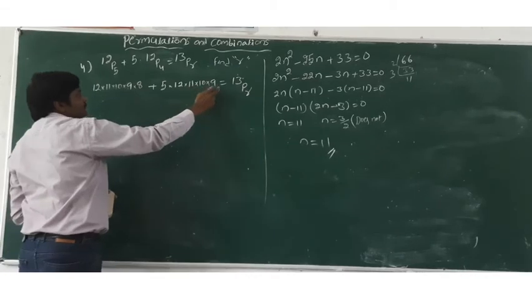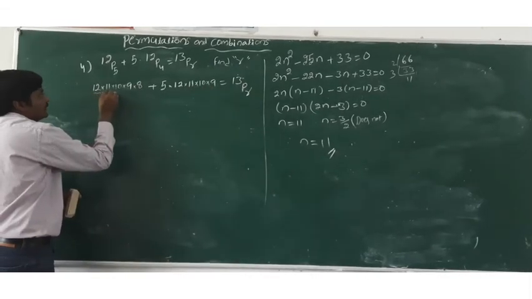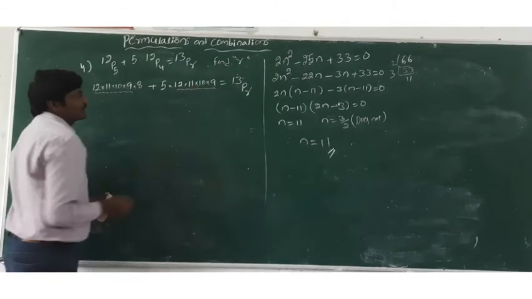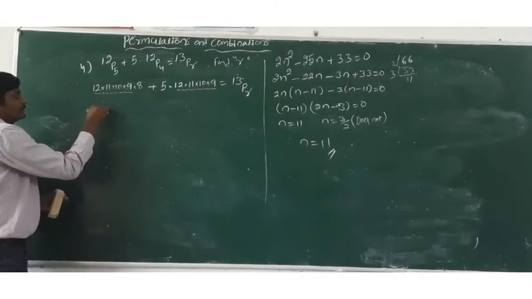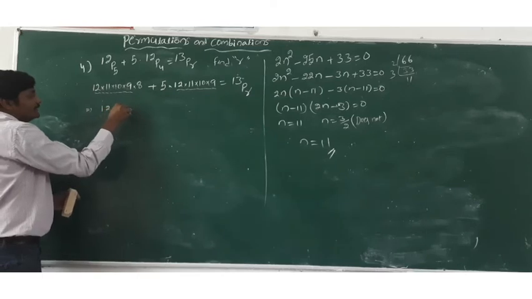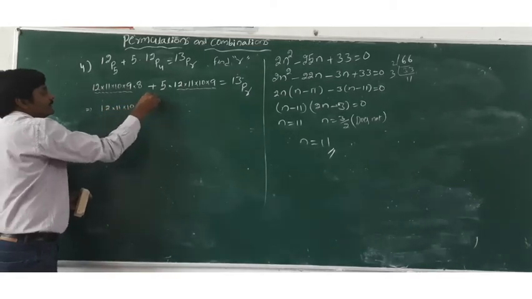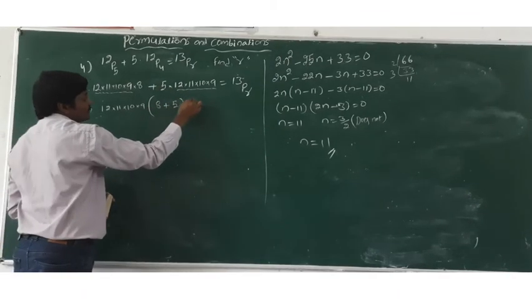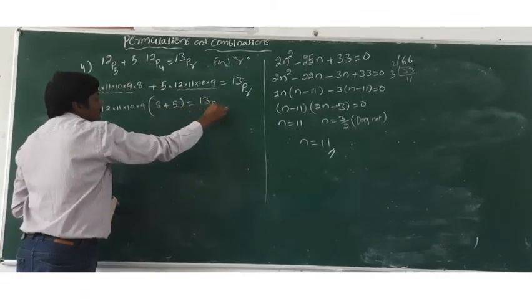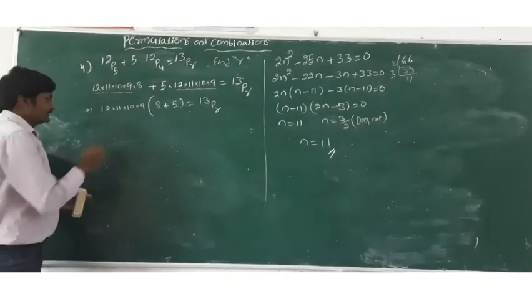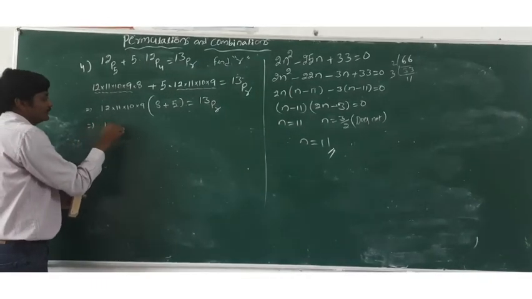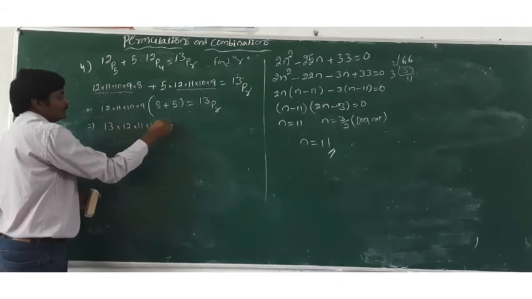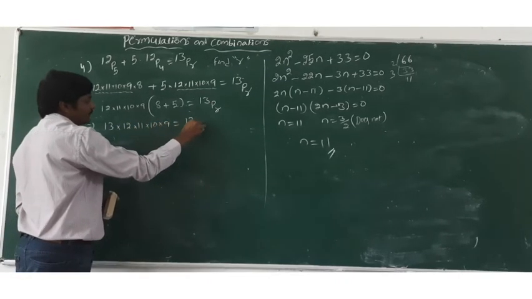Here 12, 11, 10, 9 is common. The remaining value is 8 plus 5, which is 13. So 13 into 12 into 11 into 10 into 9 is equal to 13Pr.